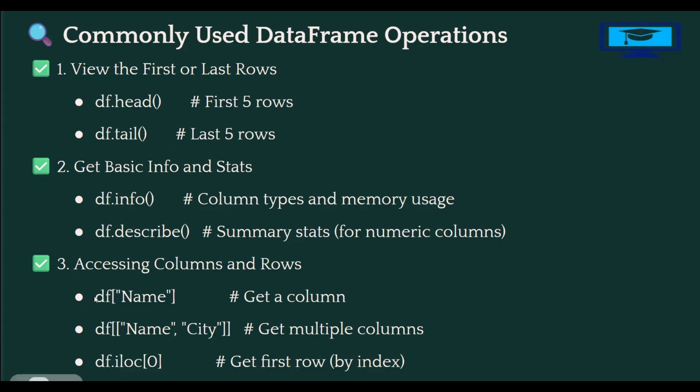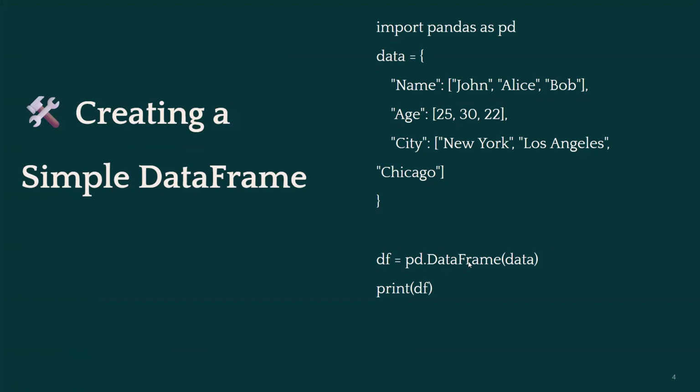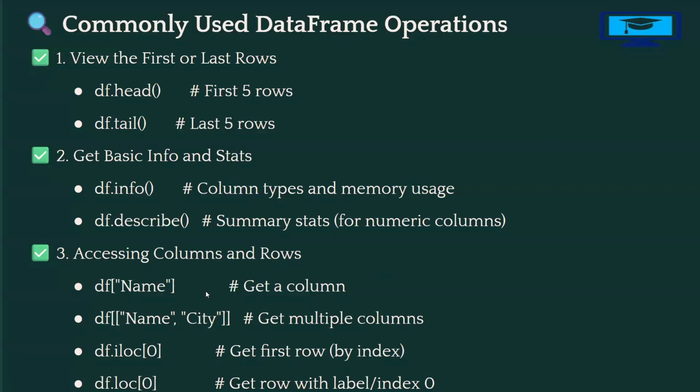Now, this part is important because when you're writing real-time code, you need to know how to access any column or row. If you're trying to access a particular column, you have to give the name, like df. I'm using the name df because I have already defined df equals pd.DataFrame. So df is just a name that I have defined here. In the brackets, you have to pass the column name.